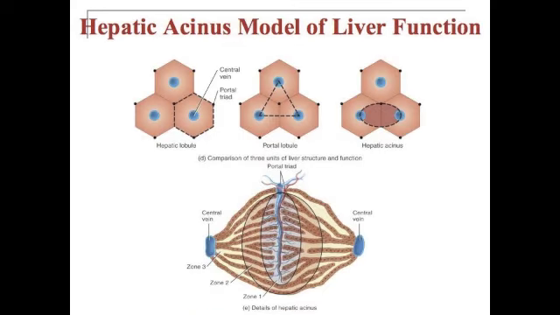Moving on to the next slide, this is figure 24.17 continued, and this is on page 968. The hepatocytes, bile duct system, and hepatic sinusoids can be organized into an anatomical and functional unit called the hepatic acinus.